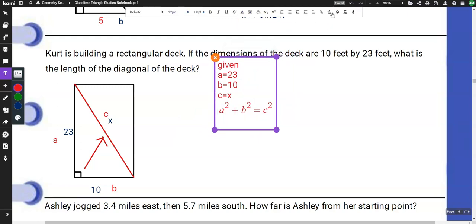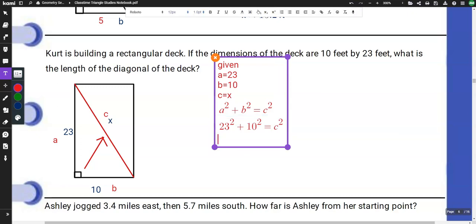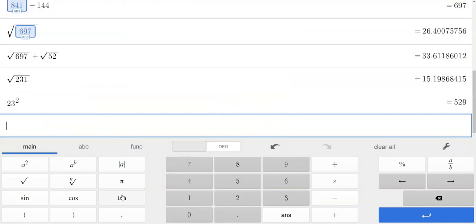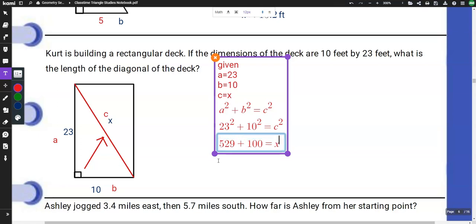And then we have 23 squared plus 10 squared is going to be equal to C squared. 23 squared is 529. And 10 squared is 100. And that's going to be equal to x squared.